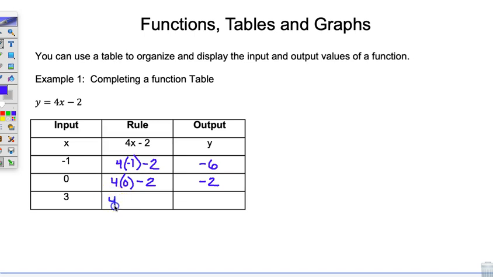I'm going to keep the 4 once again and replace the x with the 3 and keep subtract 2. So basically when I'm doing order of operations, I'm just multiplying 4 and 3, which is 12, subtract 2 is 10. So you can see we completed the table and it really wasn't as hard as maybe it looked.